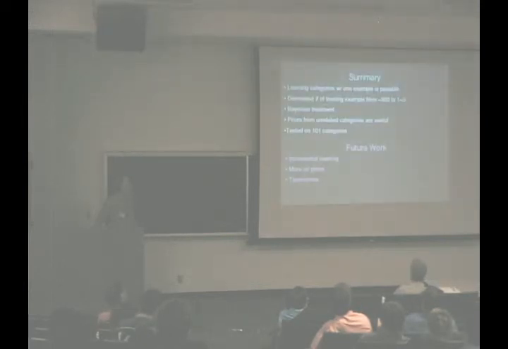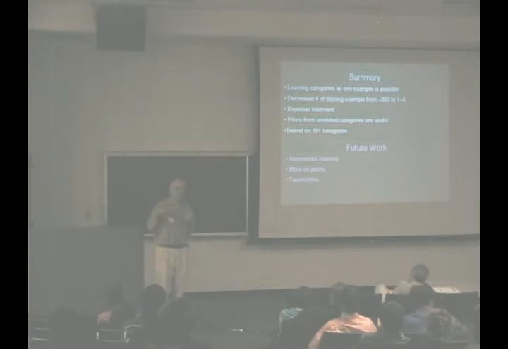Okay, so what I hope I've convinced you about is, first of all, there is a big problem in learning categories. We want to learn categories from few examples. It is too expensive to wait long enough to collect all the examples that your statistician friend would want you to collect. Second thing is, there is hope.